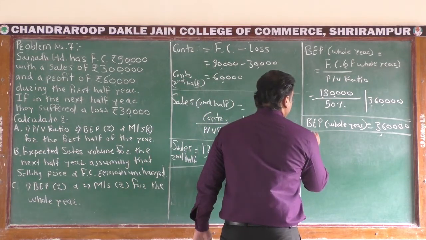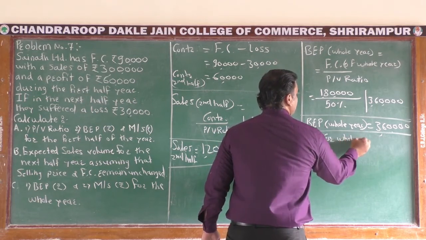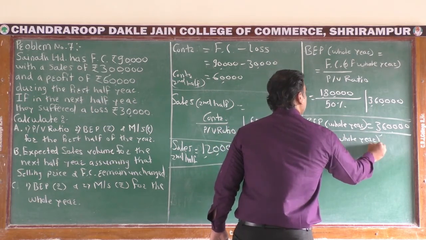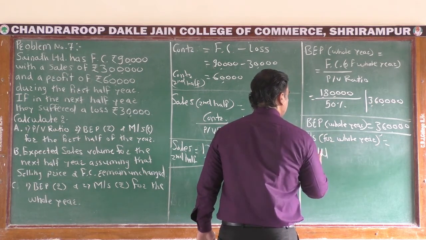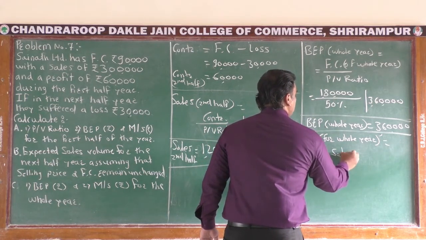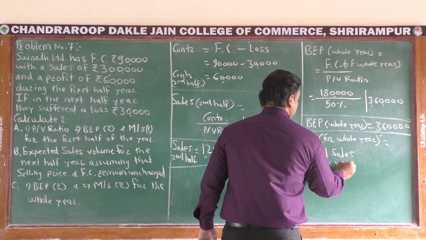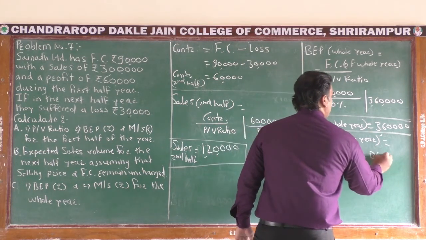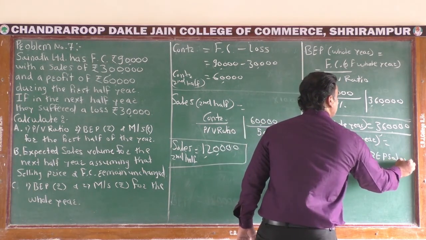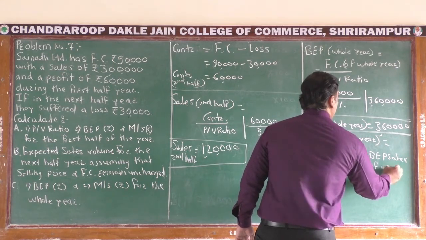So margin of safety for the whole year is equal to total sales of the whole year less BEP sales of the whole year.